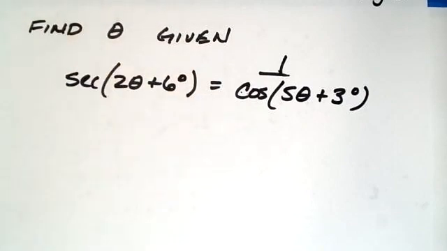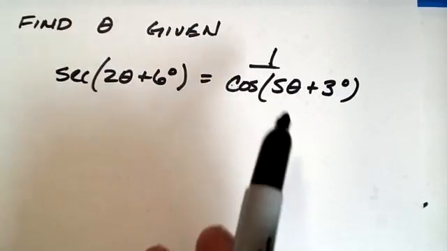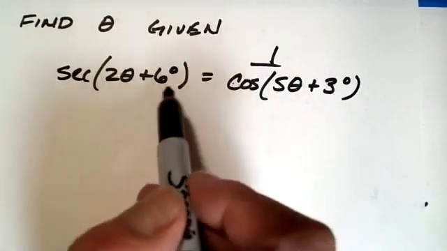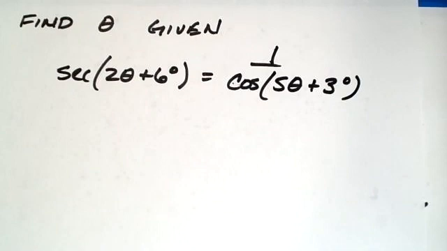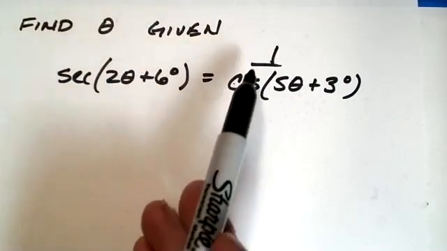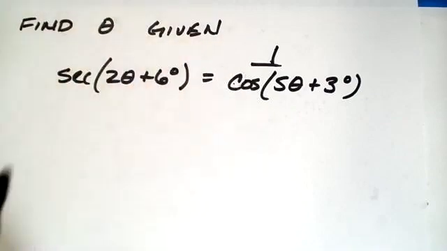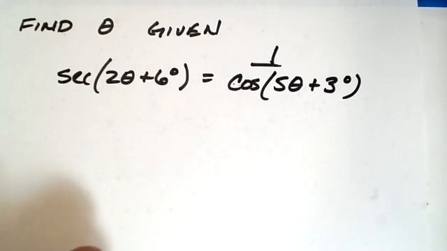And we will never have a problem that is "find all." Well, we might have a problem where you're supposed to find all of the solutions, but that would be the very end of this course. That's why I feel like this is kind of out of place, because what they're really asking you to do is to make the connection between these two trigonometric functions and their associated fundamental identity.